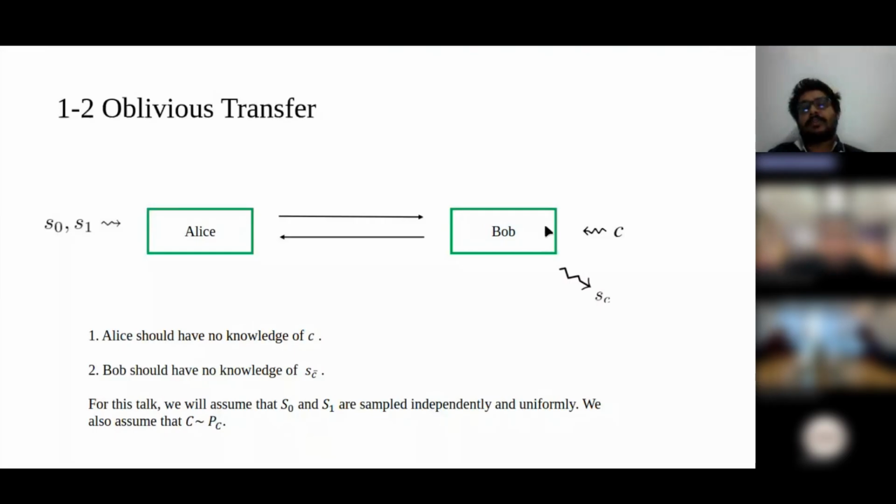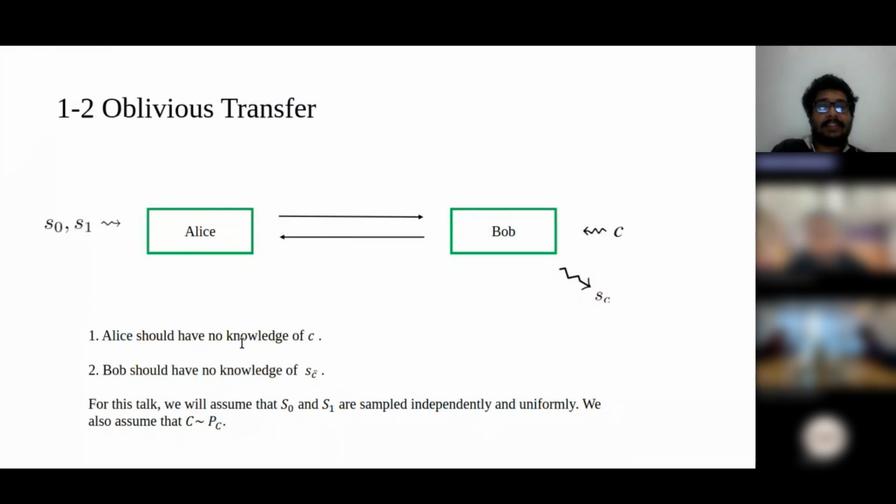So Bob gets this bit C, called the choice bit, and at the conclusion of the protocol, Bob should output S of C. For example, if the choice bit was 0, he should be able to output S0, and conversely, if C is 1, he should output S1. Now there are some constraints one has to satisfy to qualify as an OT protocol.